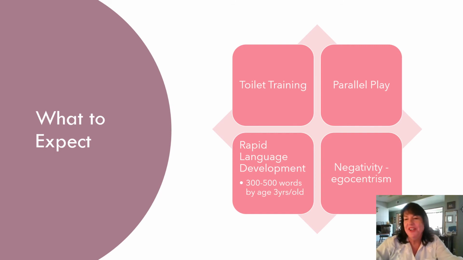They also can be very negative. Remember, I said they've discovered the word no, and they will use that word frequently, and they tend to have what we might call egocentrism. They're pretty much looking at the world from their point of view. You can't really expect them to see someone else's point of view at all.